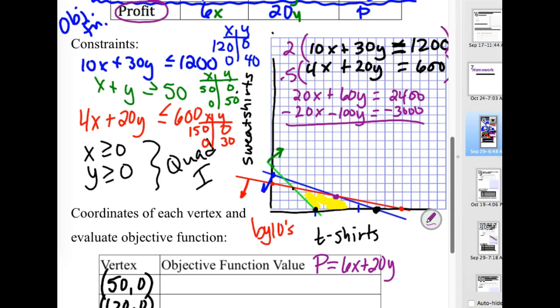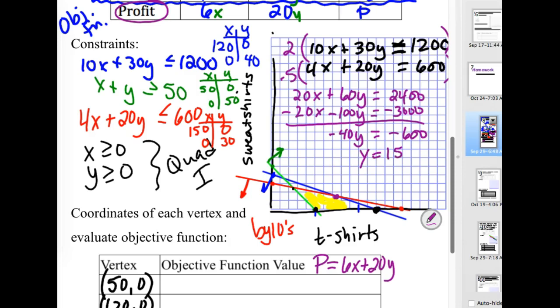Combining those equations, we get negative 40y equaling negative 600. Okay, the two negatives will drop out. You could take a 0 off both sides. So think of 60 divided by 4. What do we get? 15. All right, so y is 15.